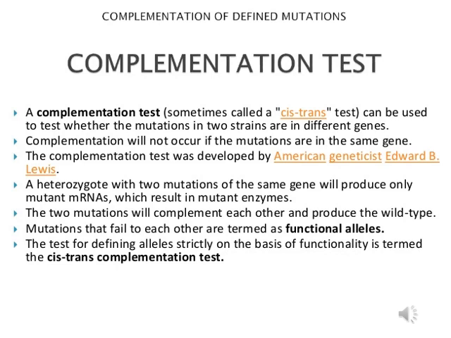And mutations which fail to complement one another are also called functional alleles. So such a test helps to define the alleles strictly based on their functionality. Such a test is defined as the cis-trans complementation test. And the complementation test was developed by the American geneticist Edward Lewis.